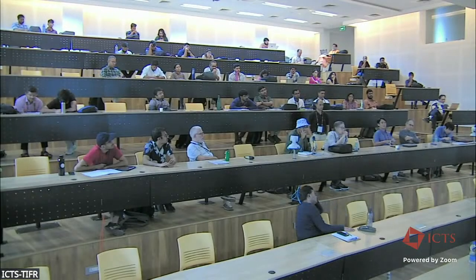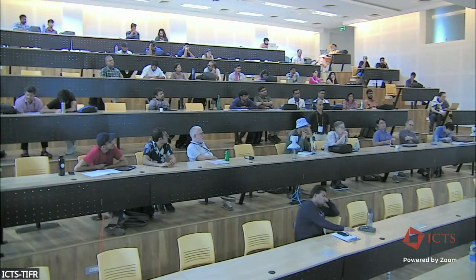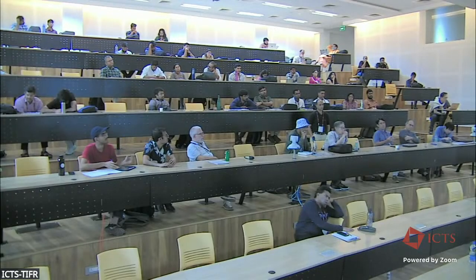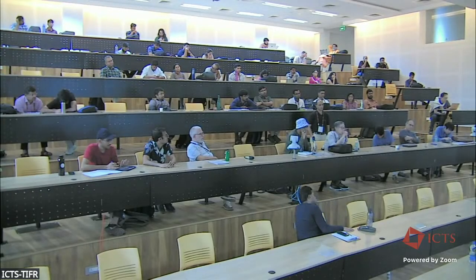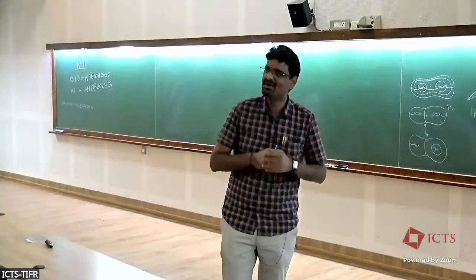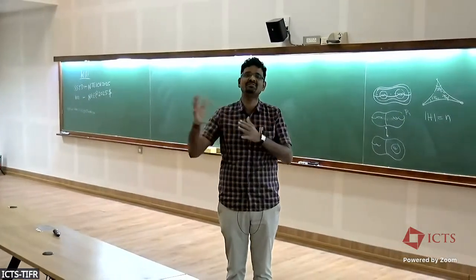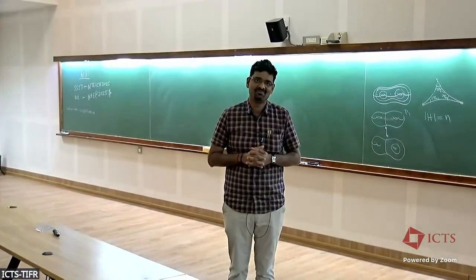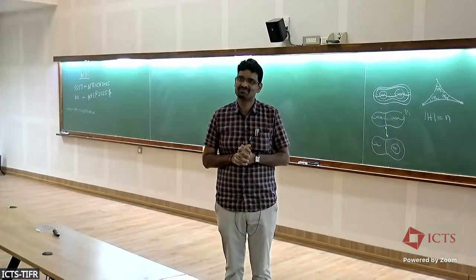So this particular thing that I'm talking about will be relevant to genus g surfaces and closed orientable. That is, we are talking about finite type here, either genus g or genus g with n marked points. For them, it will be relevant.